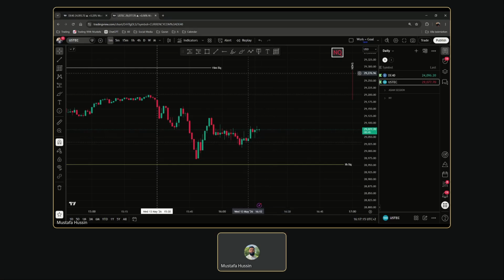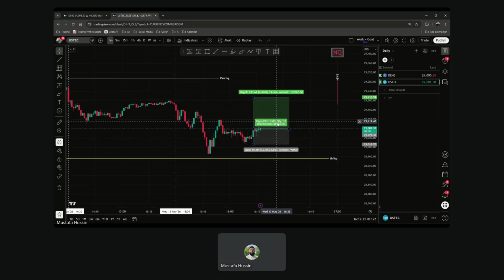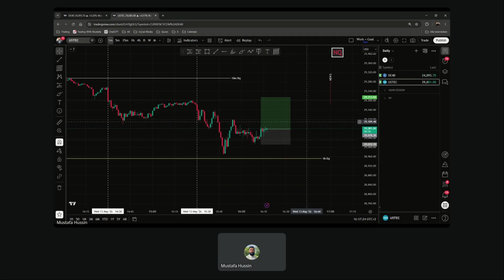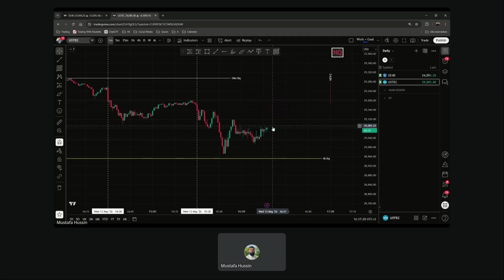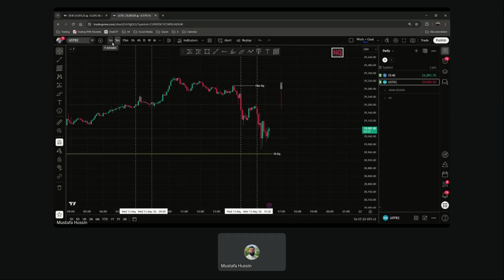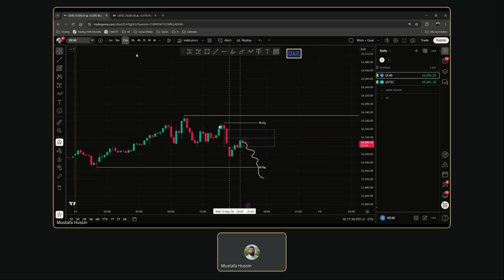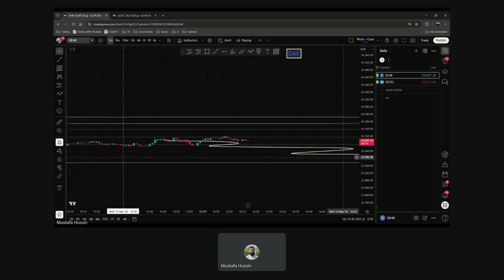Now this is a good setup going to the upside, but there is no liquidity sweep. Now it can still continue to the upside, but it looks like we are moving down. However, if I look at the DAX, it's still inside the overnight range. What's with the DAX today?